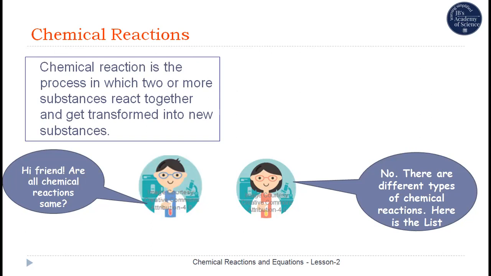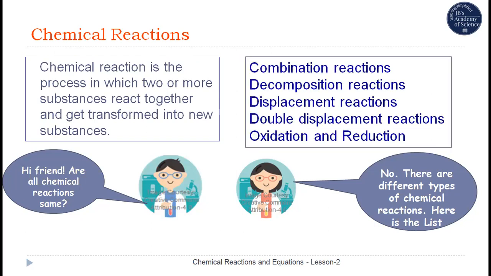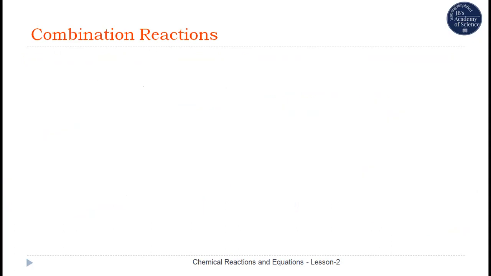No, there are different types of chemical reactions. They are combination reactions, decomposition reactions, displacement reactions, double displacement reactions, and oxidation and reduction. Let us discuss all these types of reactions one by one.